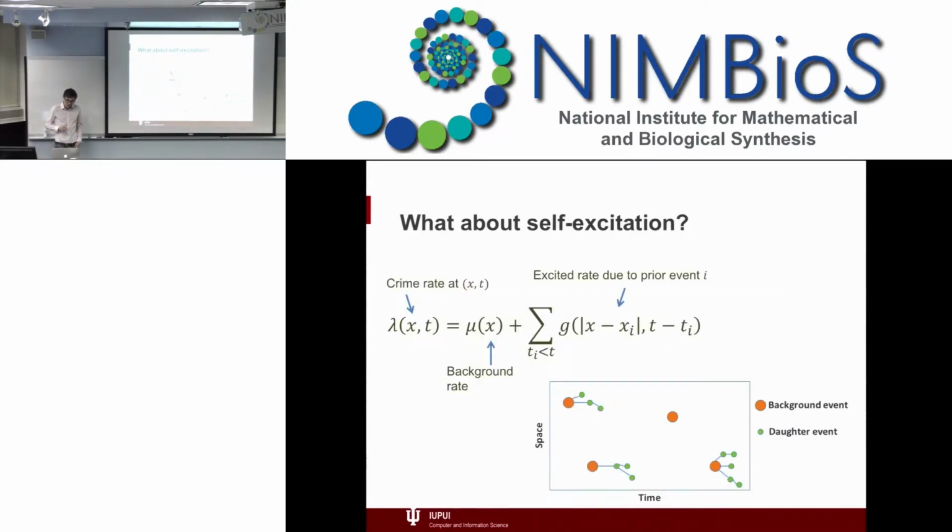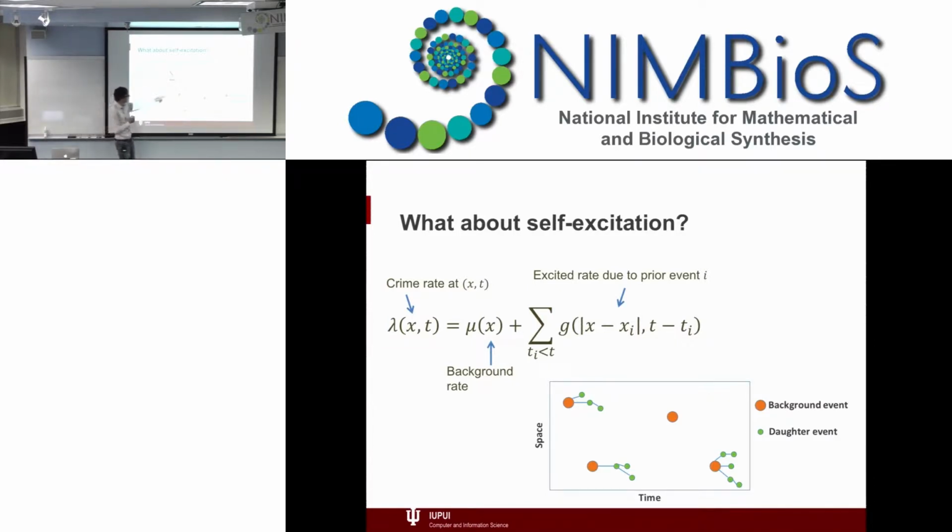Now, what about self-excitation? Crime and other types of events aren't stationary Poisson processes. They may have actual contagion in them. So here's the Hawkes process model again. Now we can imagine crime as a stationary Poisson process that generates spontaneous events, but each of those can trigger events nearby in space and time.